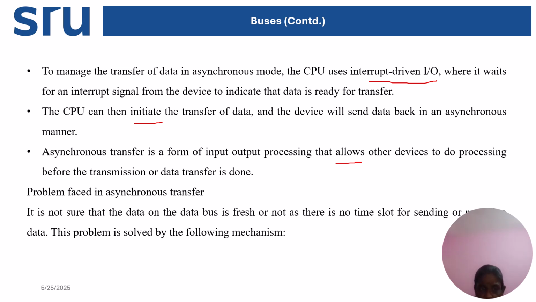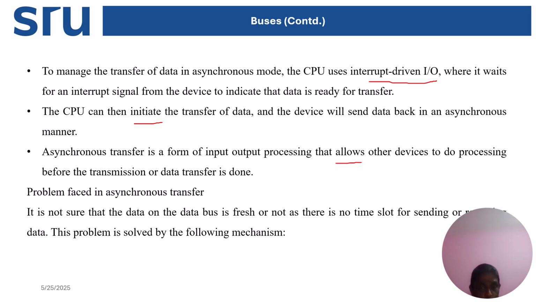The problem faced here is that it is not sure that the data on the data bus is fresh, as time is not fixed. Anytime the data can pass through, and we are not sure whether the data available on the data bus is fresh, new, or old. Whether it is new or old, we are not sure.